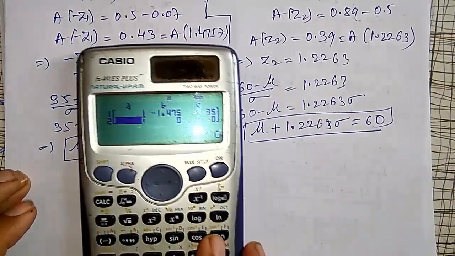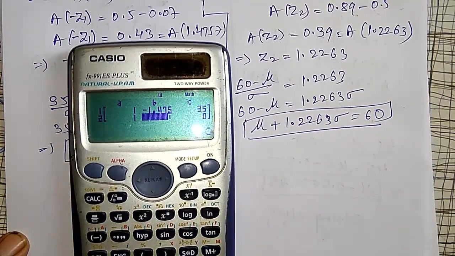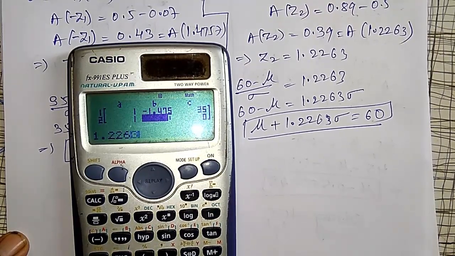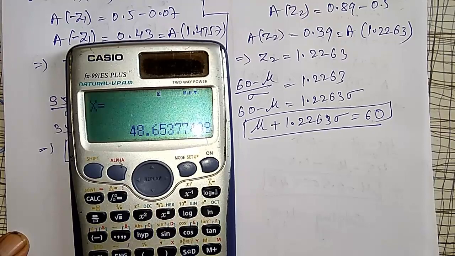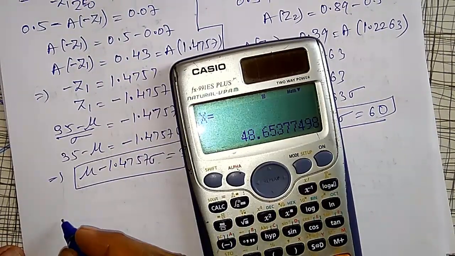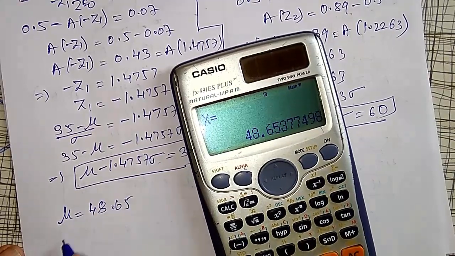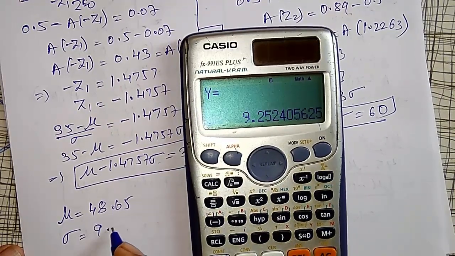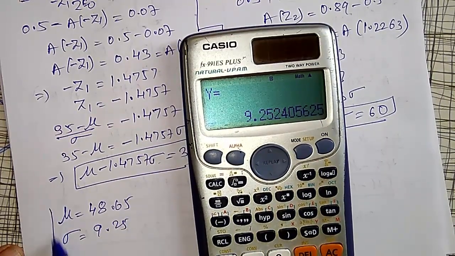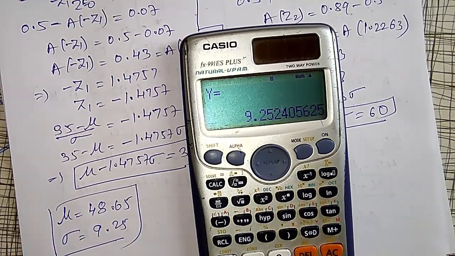Like that, for the second equation, my coefficient of mu is 1 again, and this one is 1.2263 and the right hand side value is 60. Equating this, I am going to get x, that is mu, equal to 48.65 and sigma, that is nothing but y, equal to 9.25. This is how to solve for the mean and standard deviation.